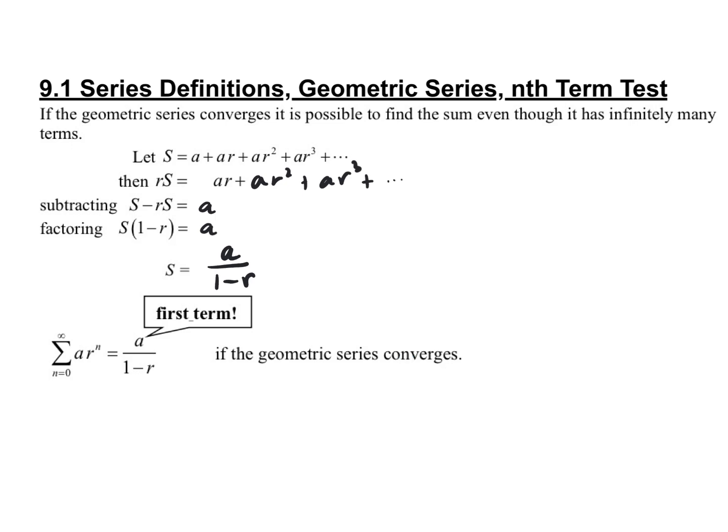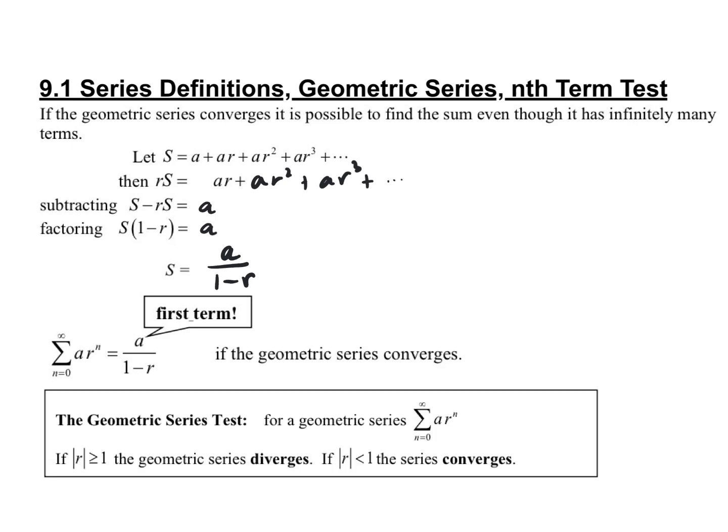And here's how you know when they converge. Okay, and this is the most important part of this. This is the first test, the geometric series test. If the absolute value of the common ratio is greater than or equal to 1, then it diverges. If the absolute value of the common ratio is less than 1, the series will converge. This means a regular fraction, positive or negative regular fraction.